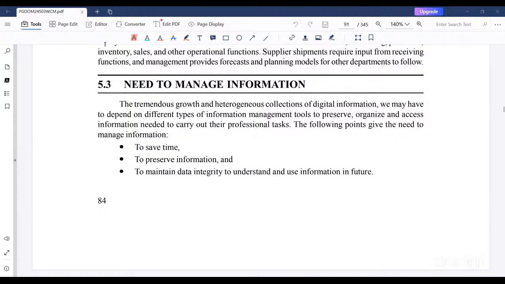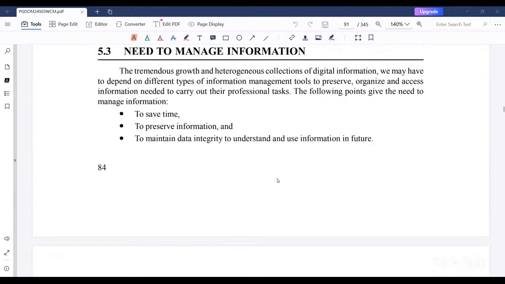The points which give the need to manage information are to save time, because if the data is available in a particular database with the help of technology, it will be very useful for the management. Also, if the information is stored, this will preserve the information, and in turn maintain data integrity to understand and use information in future.